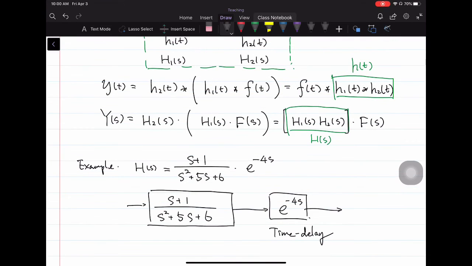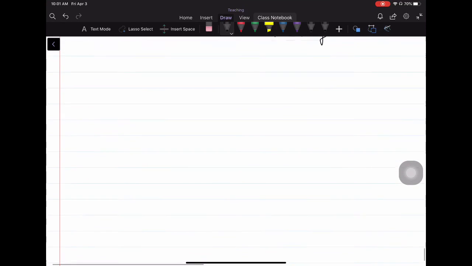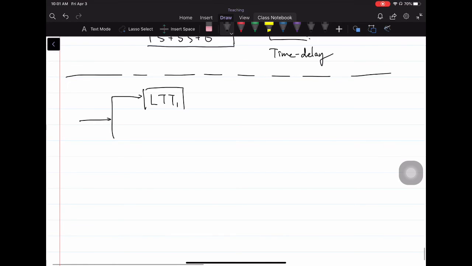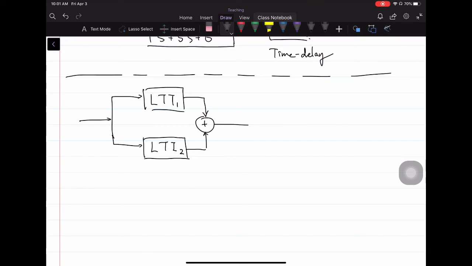The second commonly used structure where multiple linear time invariant systems are connected is through parallel connection, where two subsystems share the same input. And then the overall output is the summation of the two.